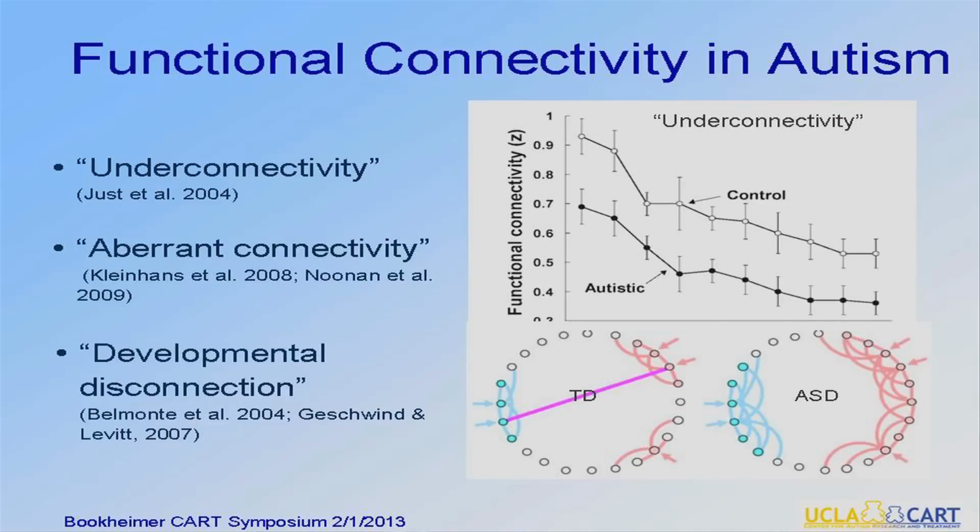And another popular theory, and one that Dan Geschwind and Jennifer Levitt here, as well as Matthew Belmonte have talked about, is this whole concept of developmental disconnection. That is, the whole developmental trajectory of functional connectivity is impaired. And there are lots of ways you can visualize this.